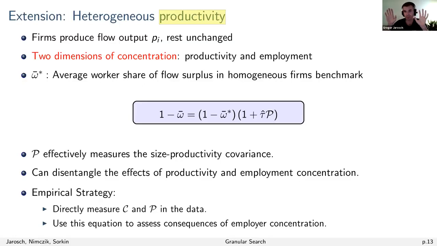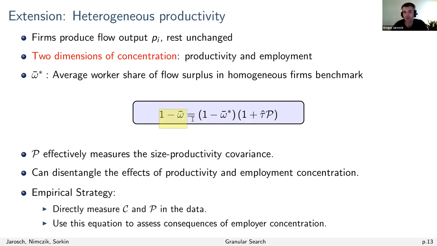Now you can see that there are two different dimensions to concentration here. A market can be concentrated from the perspective of a worker because all the employment is concentrated, but also because all the productivity shares are concentrated in a few shops. Then I can rederive that expression for average profits for the extended model.